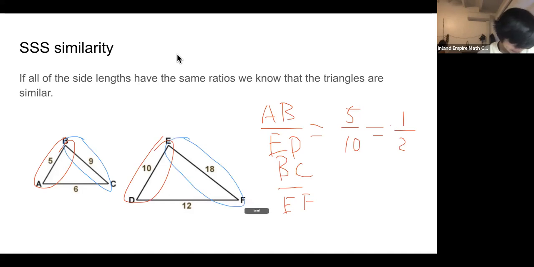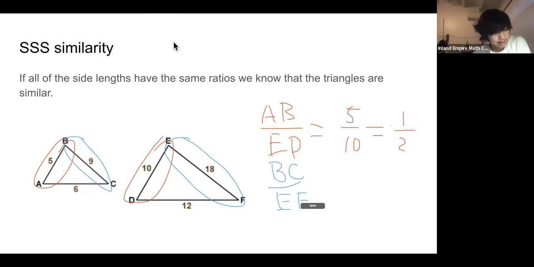So let's color code these. BC over EF also equals 9 over 18.